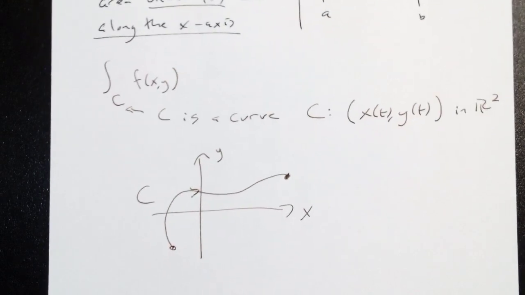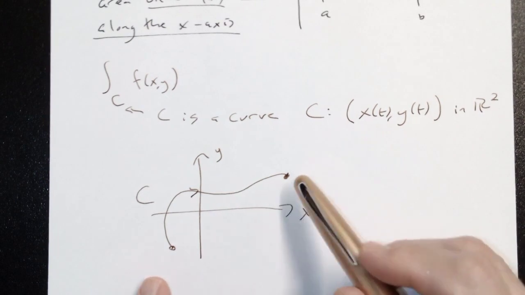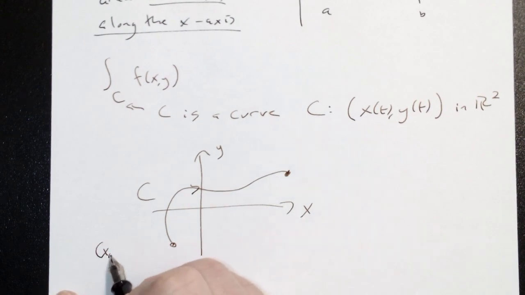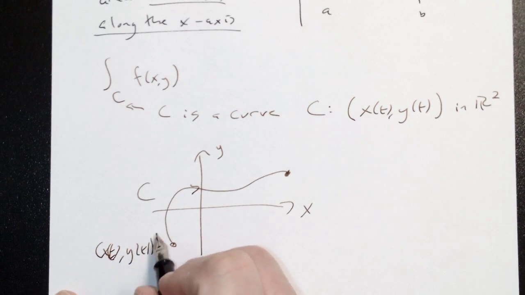I don't know what the equation is. Doesn't really matter off the top of my head. But I've got this curve, starts at this point down here and goes to that point up there. So origin, terminal, sorry, initial and terminal point. And that's x of t, y of t, and it increases as I go in that direction.